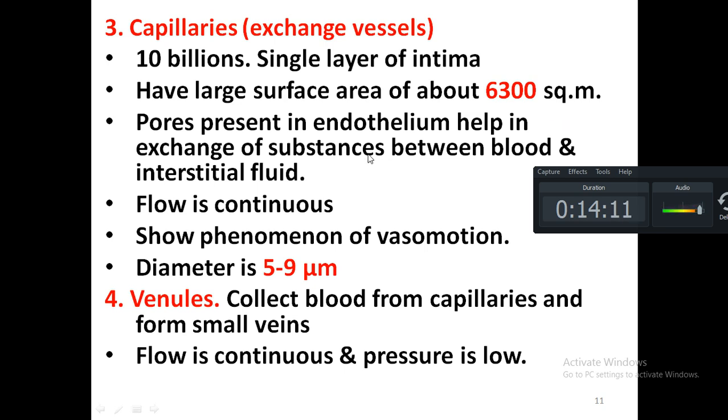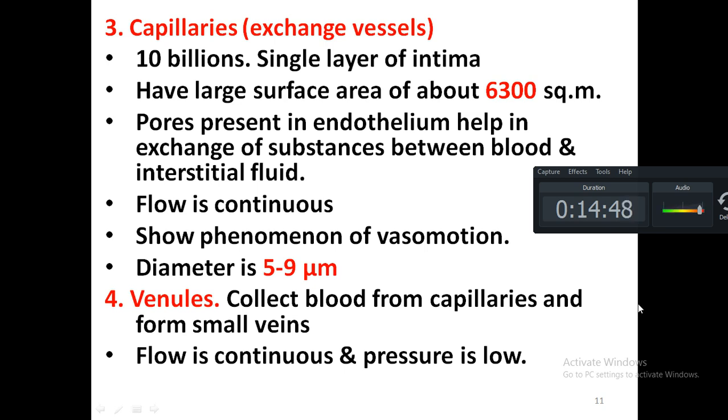In the capillaries are small pores or small holes in the endothelium that help in the exchange and transport of substances between the blood and the interstitial fluid. Flow in the capillaries is continuous, and these capillaries also show a phenomenon of vasomotion. We will learn more about this vasomotion in our next lecture. The internal diameter of these capillaries is about 5 to 9 micrometer.